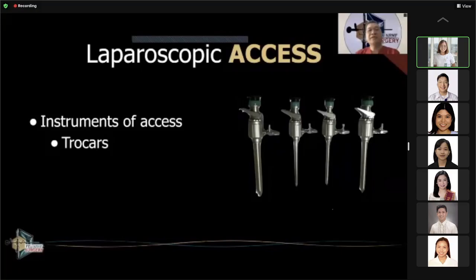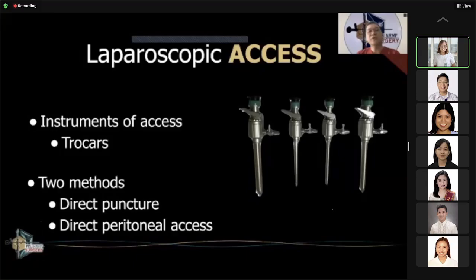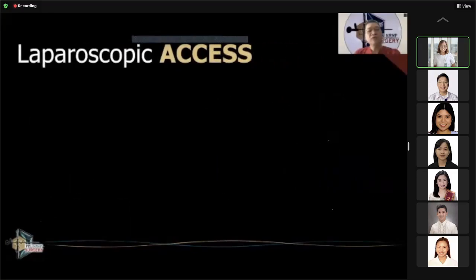There are different techniques in laparoscopic access, but in FEU we use the open Hassan technique. You use trocars after the access. You call it the Hassan trocar or the primary trocar, and you insert it through the umbilicus. There are two methods of access, direct puncture and direct peritoneal access.